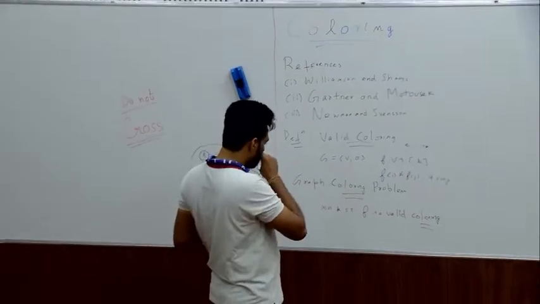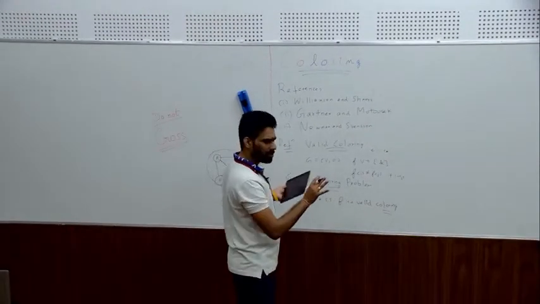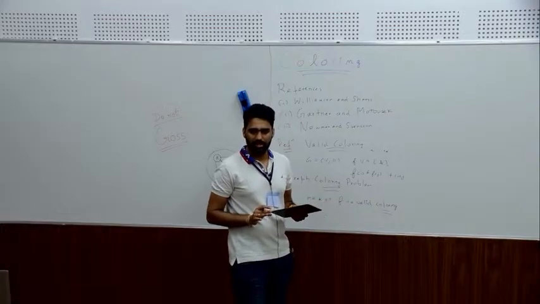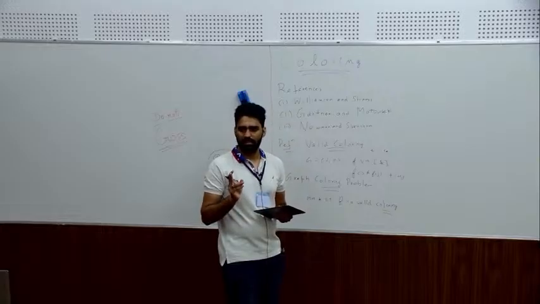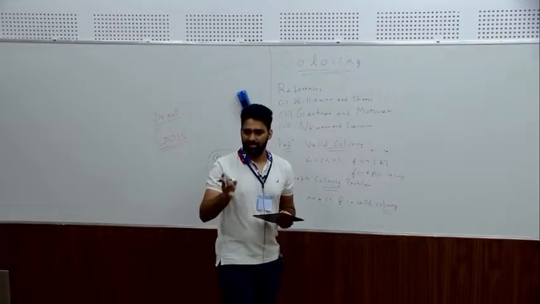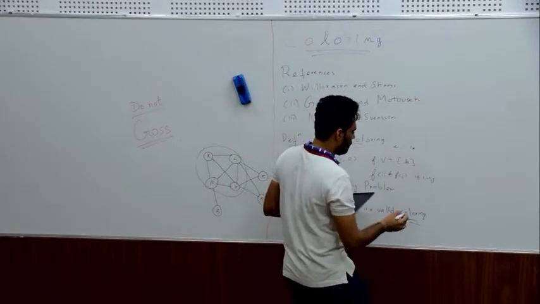So this quantity, the minimum possible k, has a very famous name. Does anyone here know this? Exactly, this is called the chromatic number of the graph.